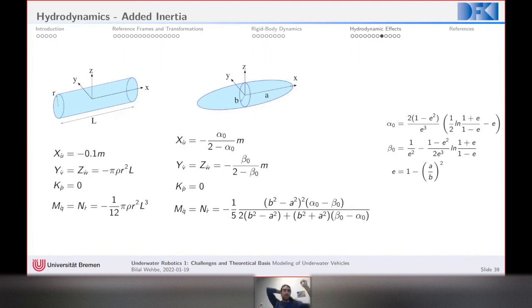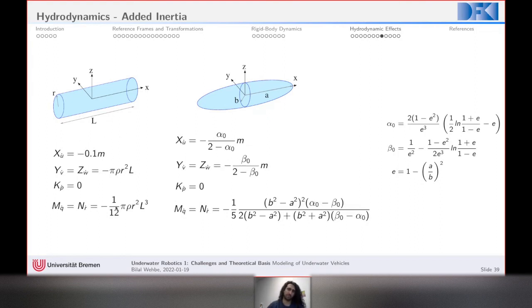All right, so here is what I think Matthias was just asking. If we have simplified equations for simple geometrical shapes, for example a cylinder, we can easily derive the equations of added mass, assuming, of course, an ideal fluid.